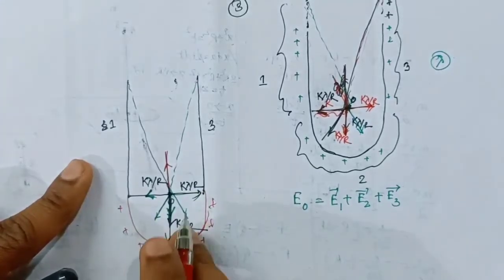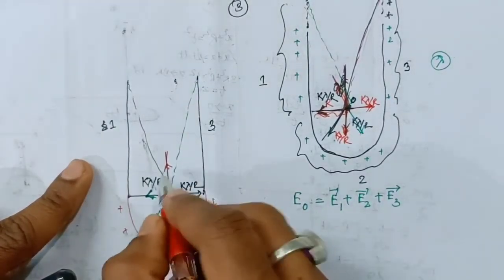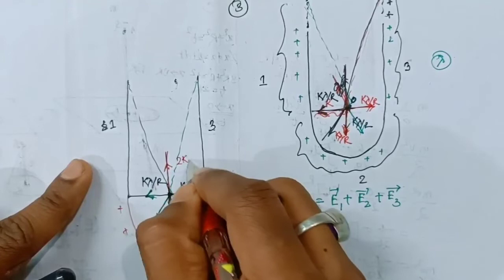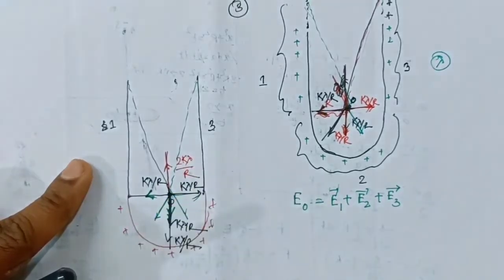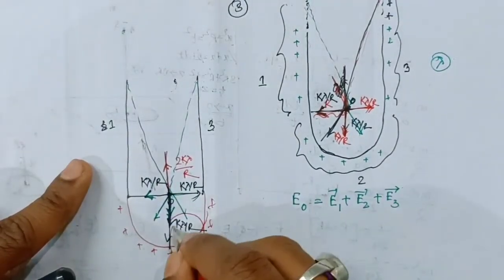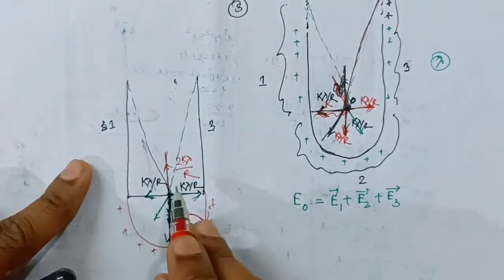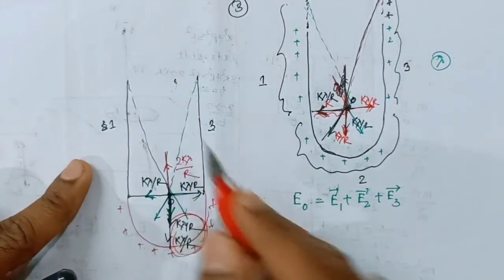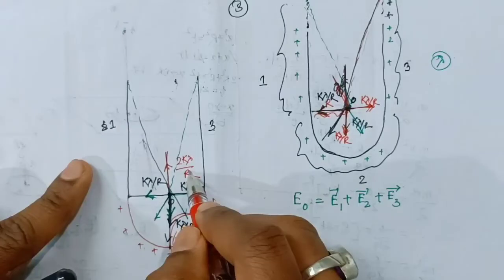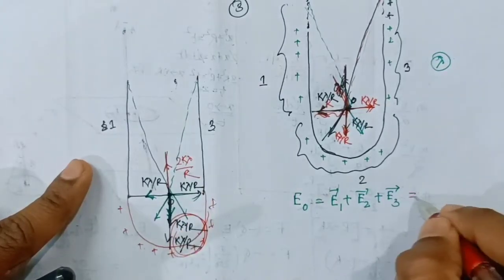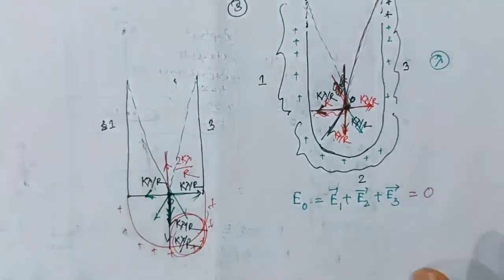I already solved in my lectures the expression for this, which is 2k lambda by r. If you observe carefully, k lambda by r is downward and 2k lambda by r is upward. So this is 2k lambda by r, this is 2k lambda by r, and the net electric field will be 0.